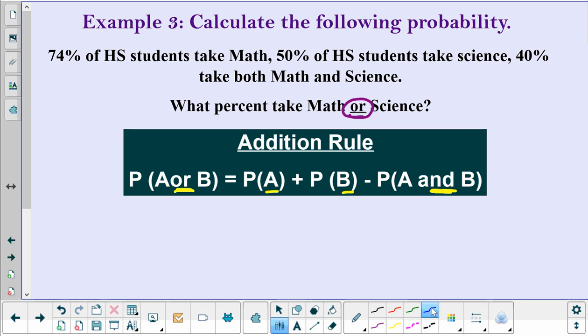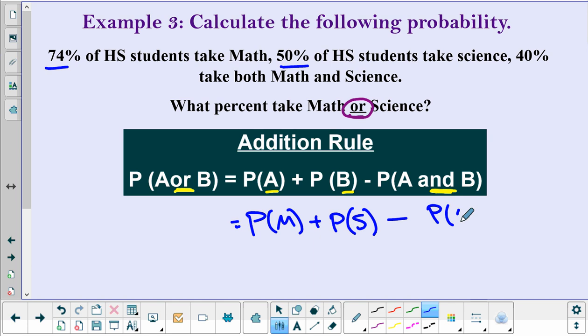Now, in this question, we have 74% for those who take math. So probability of math plus the 50% who take science, probability of science, minus probability of both. So that looks like 74% plus 50% minus the 40% who take both.